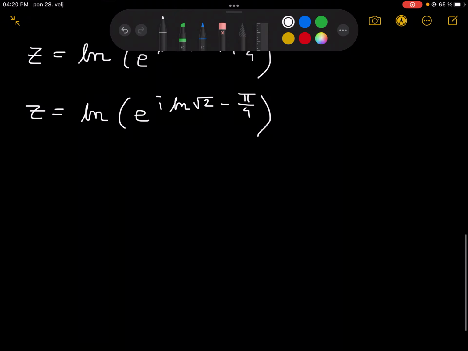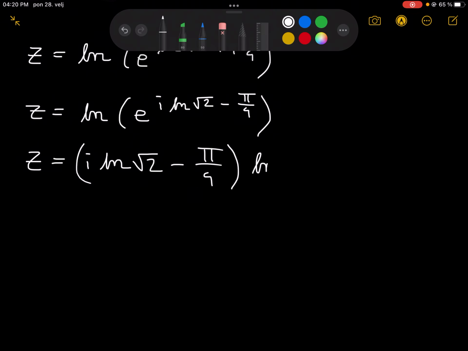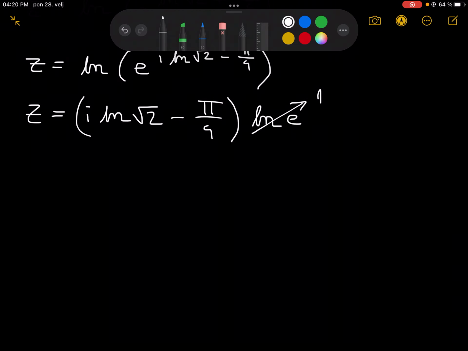Now finally we can use the property of the natural log to pull out the exponent in front of the logarithm, and we'll be left with i times ln of the square root of 2 minus pi over 4 times ln of e, and ln of e is equal to 1.